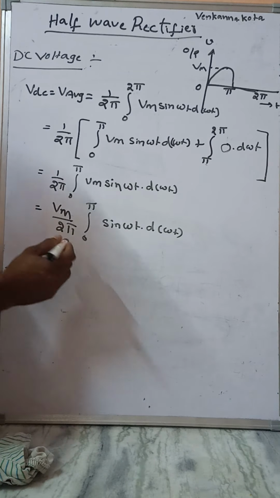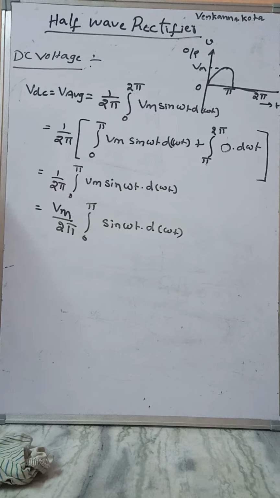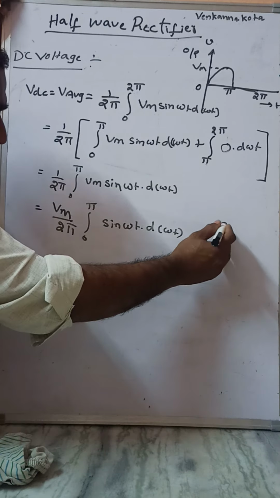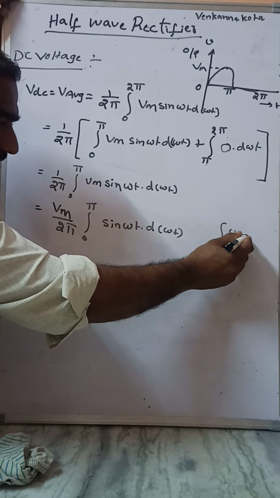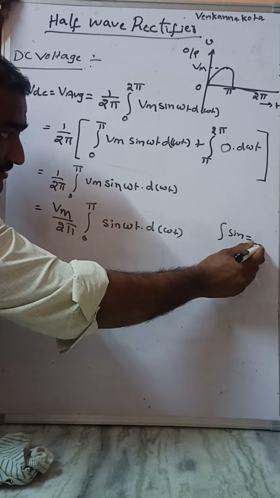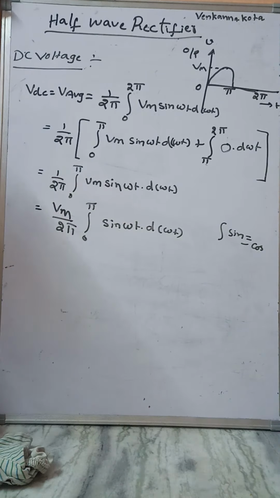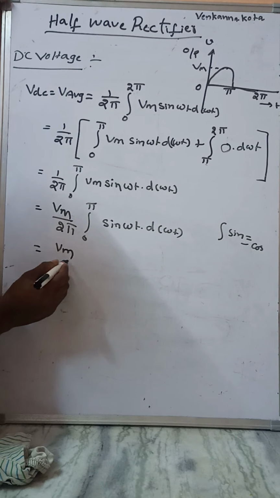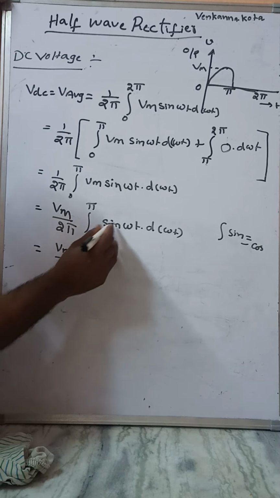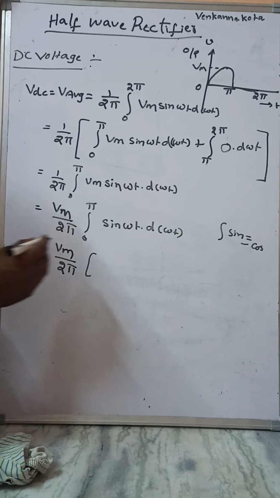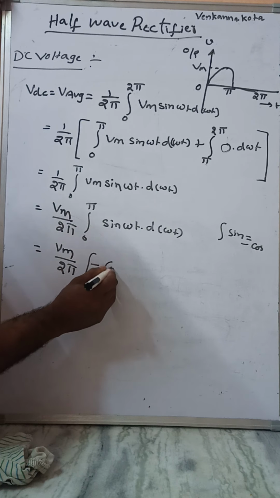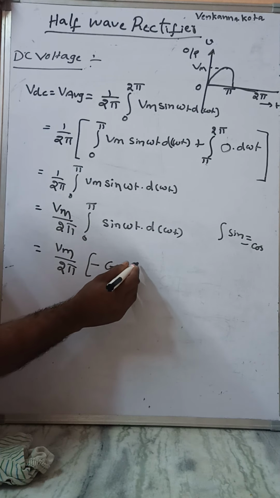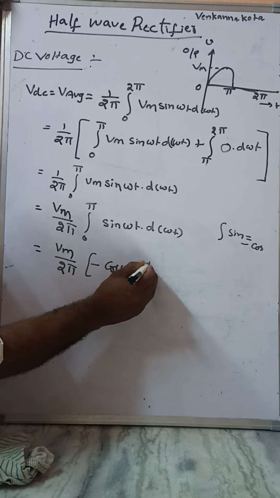So what is the integration of sine? Integration of sine is equal to minus cos. So this becomes Vm by 2 pi, integration of sine omega t is minus cos omega t, with limits 0 to pi.